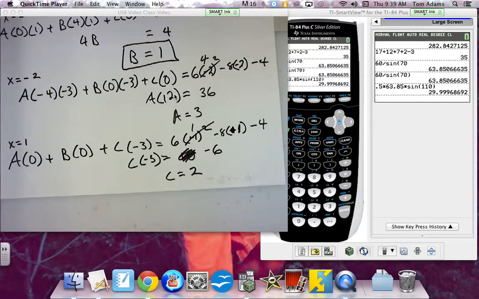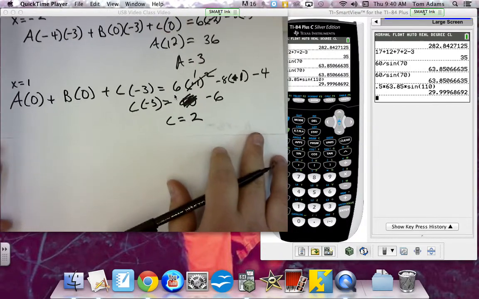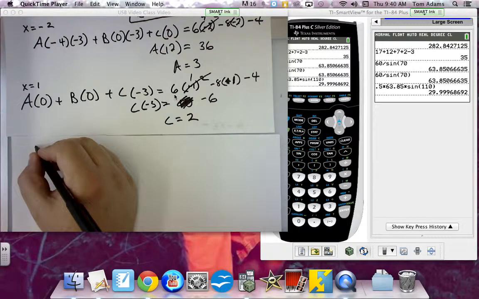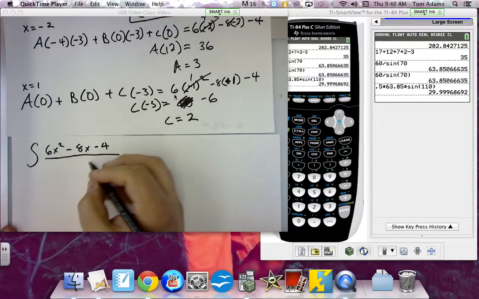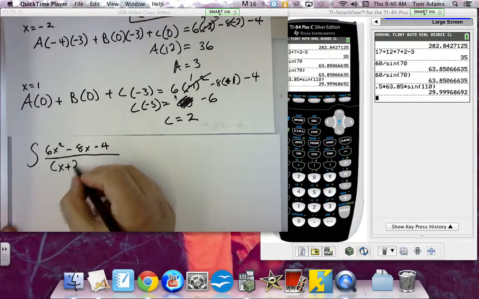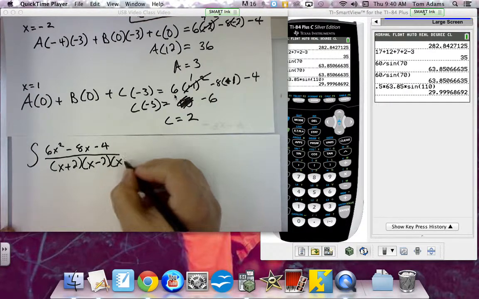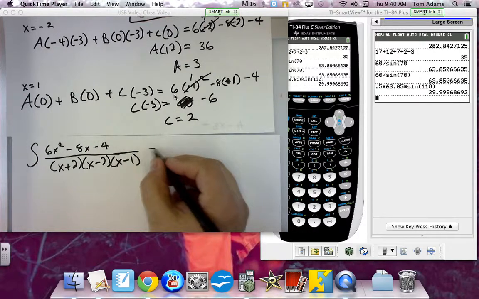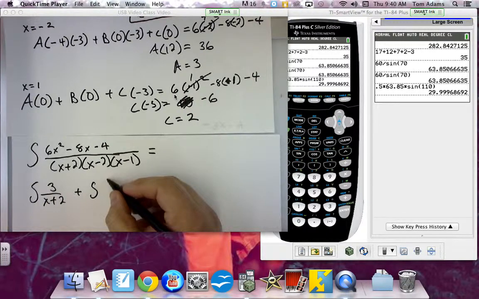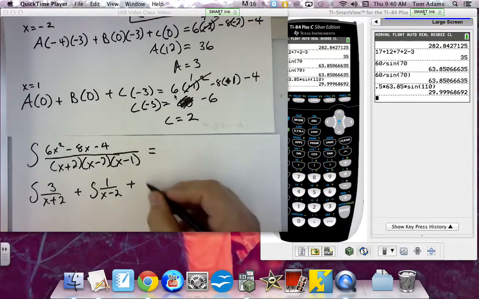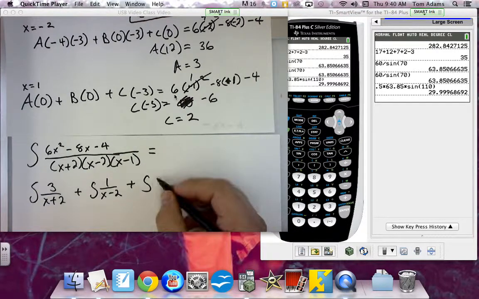So now, to finish my problem, what I'm integrating is my original integral, 6x squared minus 8x minus 4 all over x plus 2, x minus 2, x minus 1, and that will equal the integral of 3 over x plus 2, plus the integral of 1 over x minus 2, plus the integral of 2 over x minus 1.